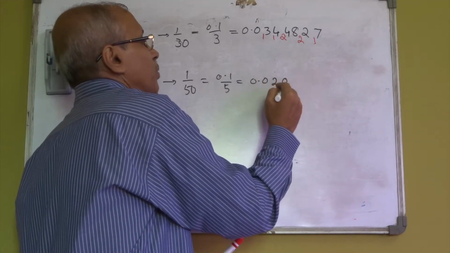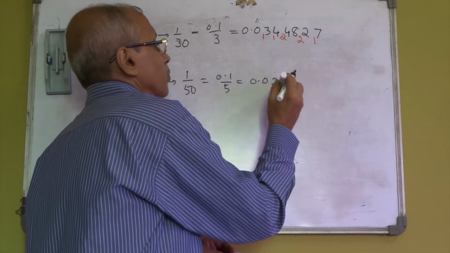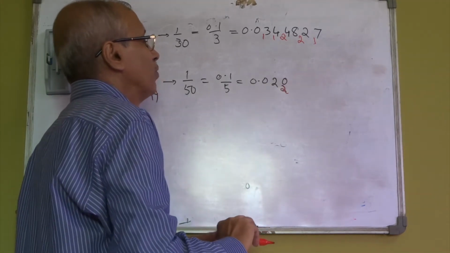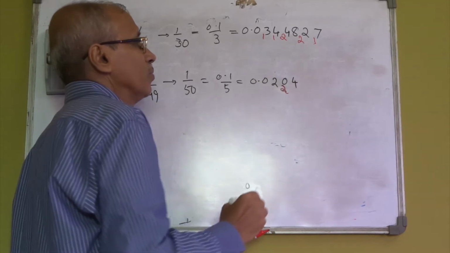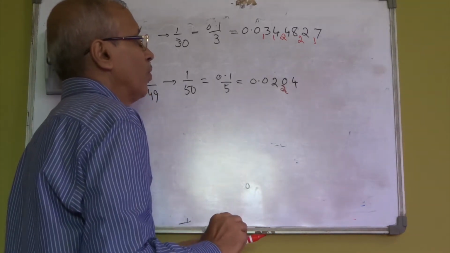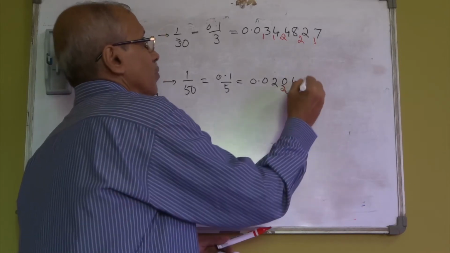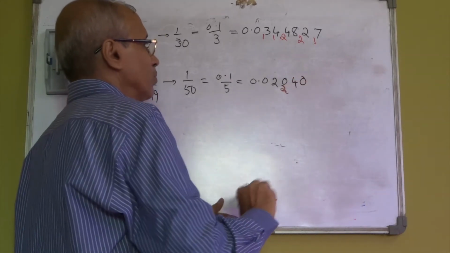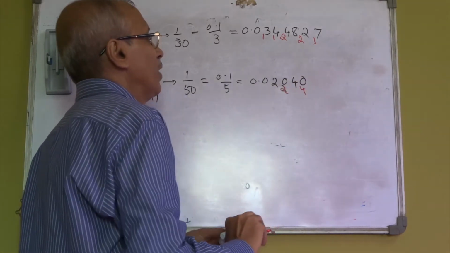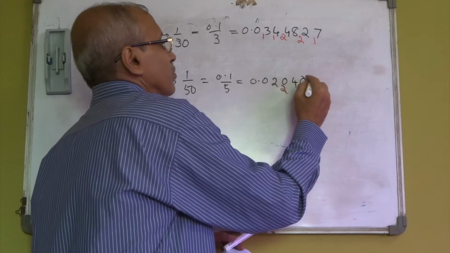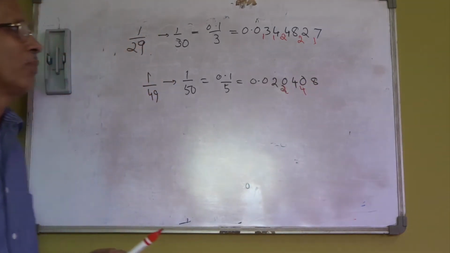You have got remainder 2. 20 by 5 is 4. Remainder 0. 4 by 5 is 0. Remainder 4. 40 by 5 is 8. Remainder 0. Like this we will continue.